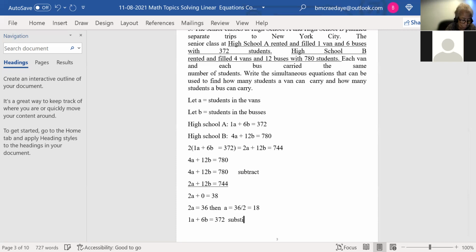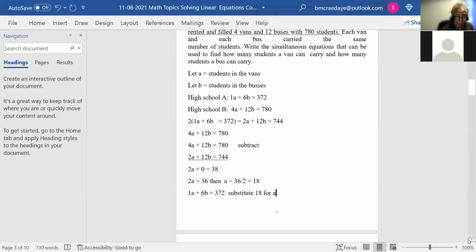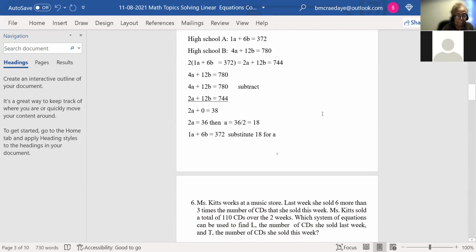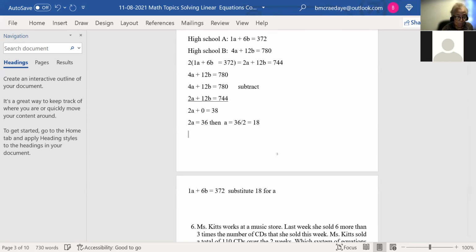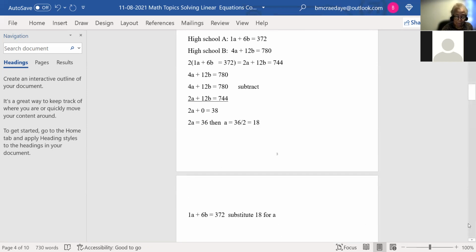Substitute 18 for A. So do that, Maureen, and tell me what you get. No, you're going to substitute. This is substitute 18.